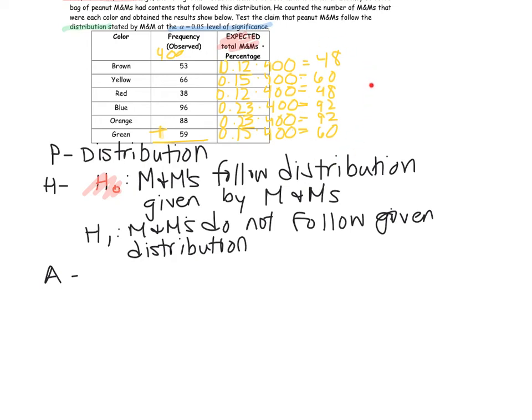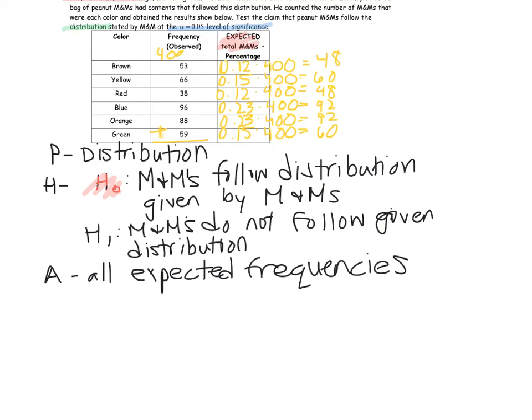So we can say all expected frequencies are greater than or equal to 5, and that would satisfy both conditions. So that's what we're going to say.